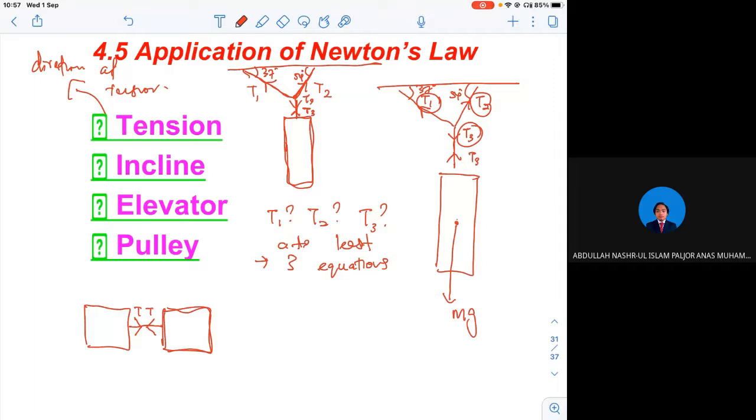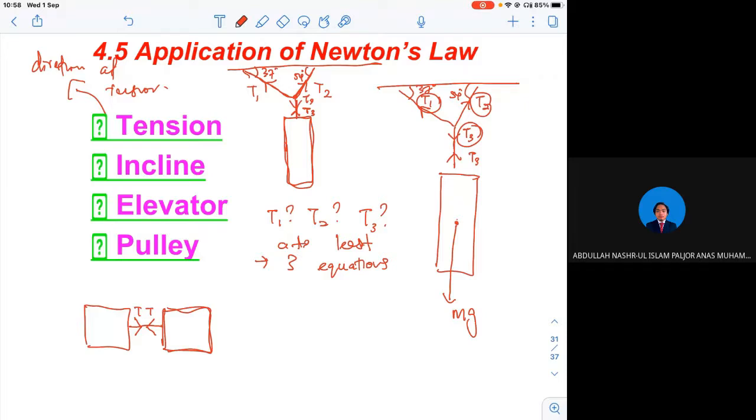Can you solve three unknowns using two equations? No. Using one equation? Definitely no. But can you solve three unknowns using six equations? Yes, because it's greater. That is something you need to remember. T1, T2, T3, three unknowns, so you must write down at least three equations.